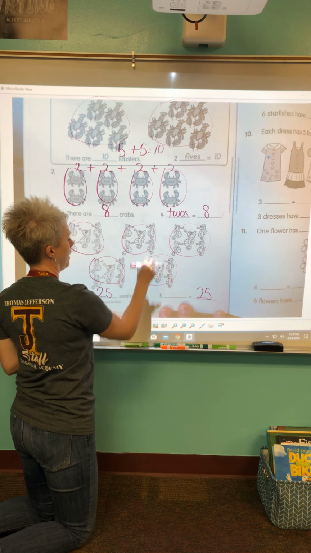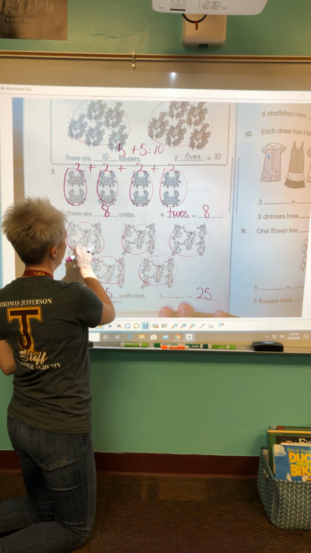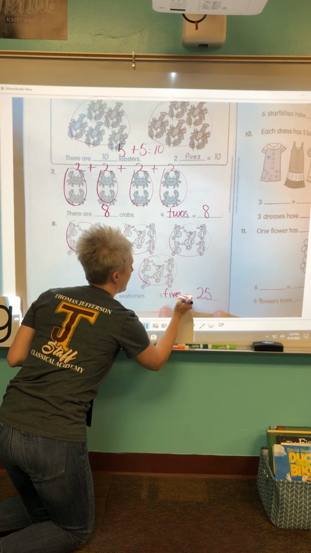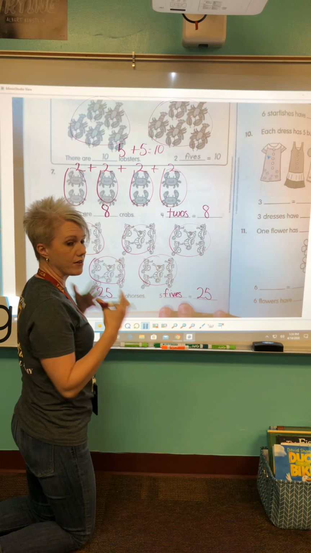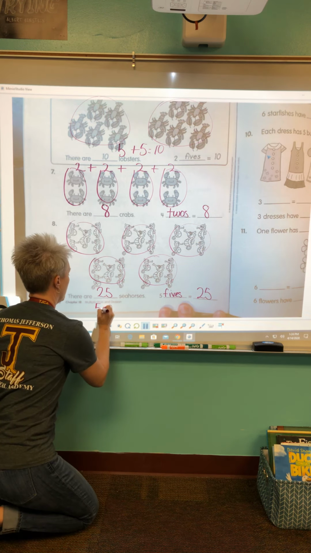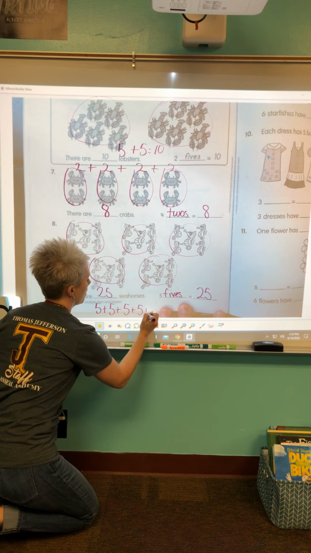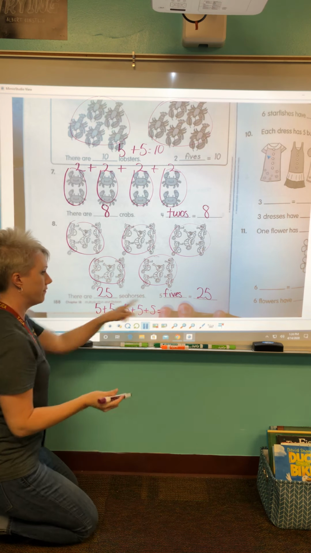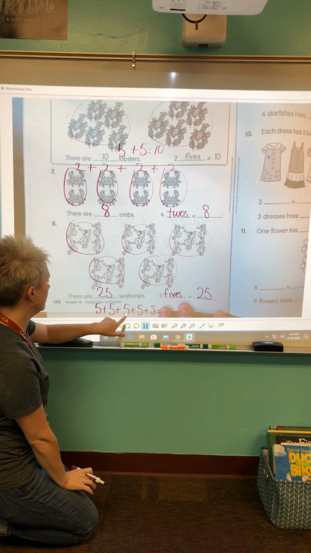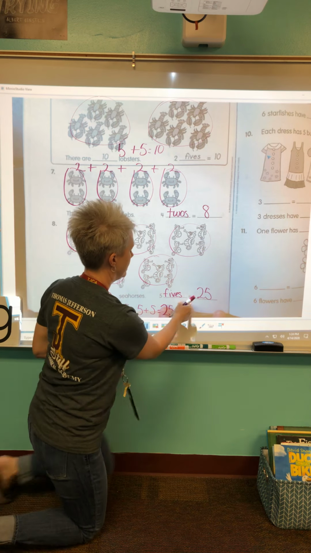Each group has 5, so 5 fives. 5 fives equals 25, and that's the same thing as me writing 5 fives. 5 fives equals 25. Well, let's count it. Count by fives. 5, 10, 15, 20, 25. 5 fives equals 25.